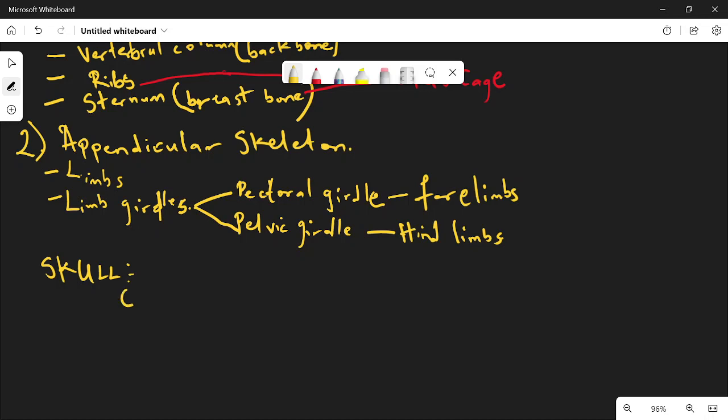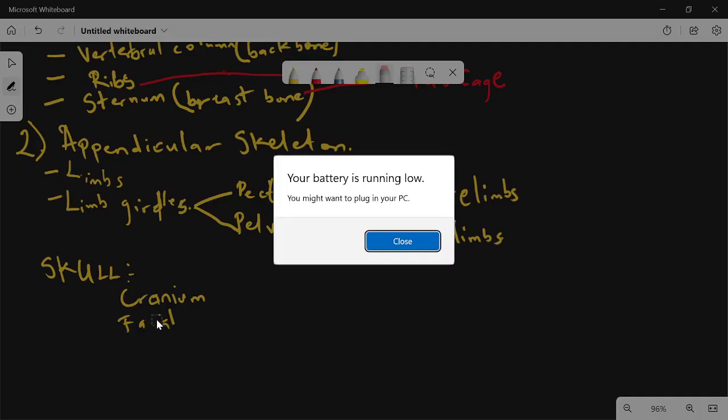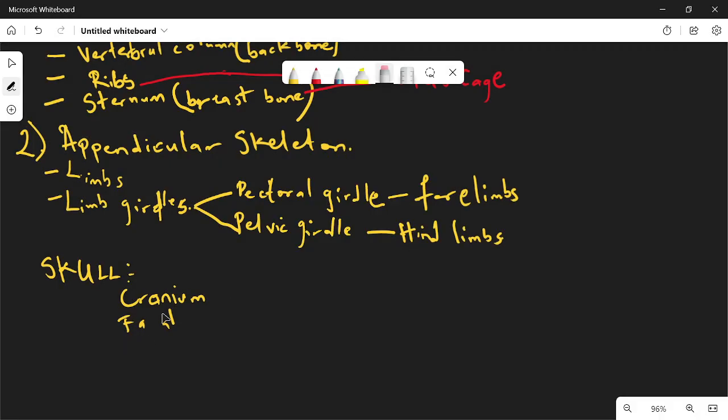We have the cranium, the facial skeleton, and the jaw.